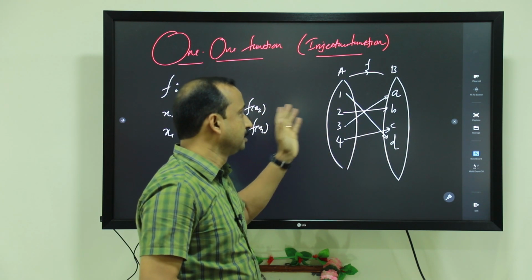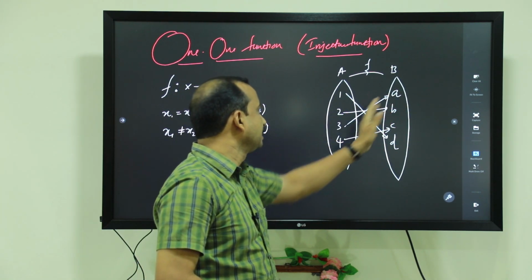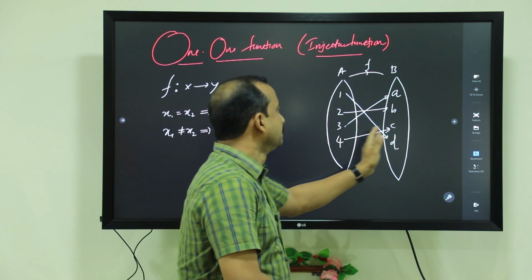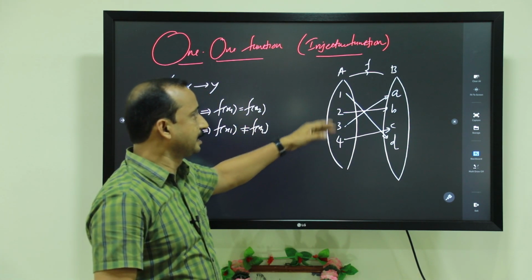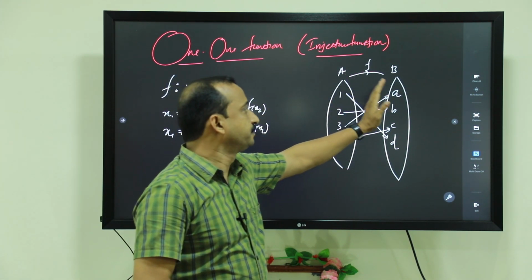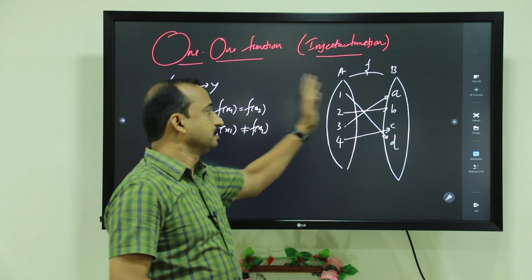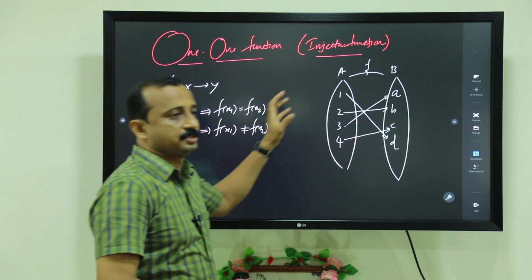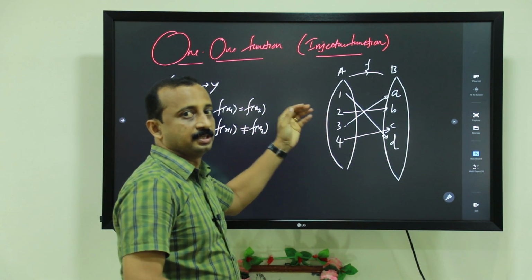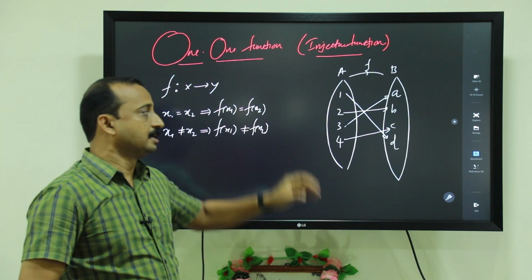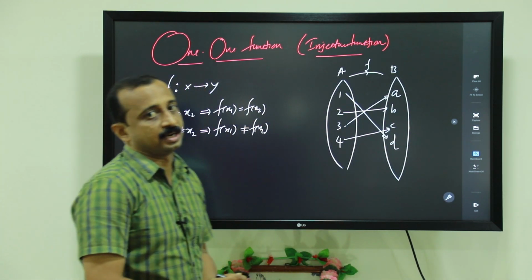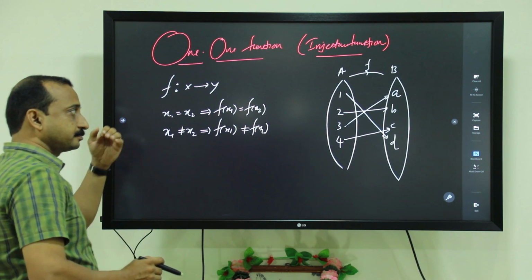That means different elements of the first set have different images in the second set, so the given function is said to be one-one. That type of function is called a one-one function or injective function.